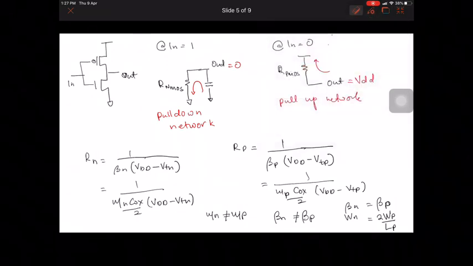Let me just correct this equation here. Once you have made the PMOS size double the size of the NMOS, then you will have beta n equals beta P.